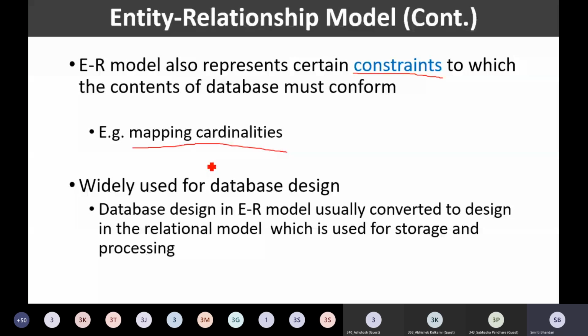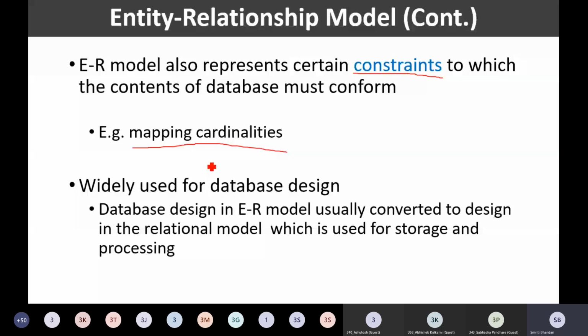After the ER model, we design the relational model, and the relational model is used for practical implementation of the database. So the ER model is the conceptual model, with which we diagrammatically represent the design of the database. This design will be converted to the relational data model, which we are going to implement using a database management system.